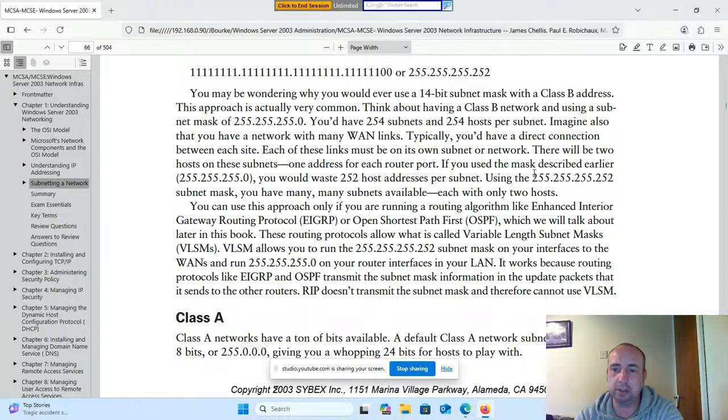If you used the mask described earlier, 255.255.255.0, you would waste 252 host addresses per subnet, compared to using the 255.255.255.252 subnet mask. You have many subnets available, each with only 2 hosts.